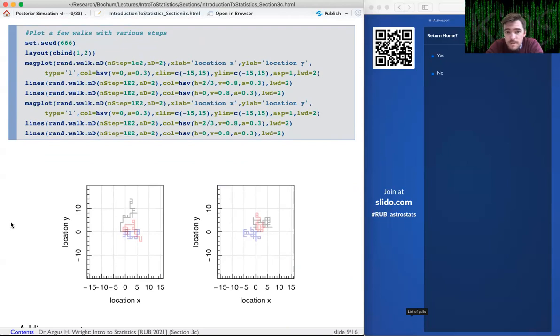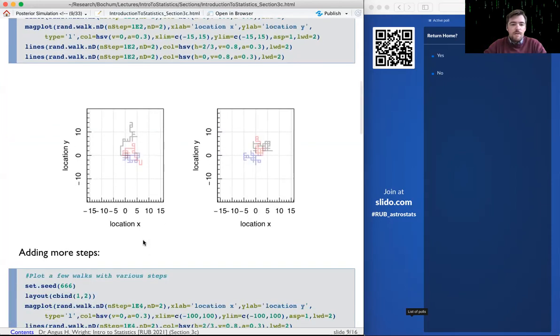It's actually 6 different random walks, so I've got 3 in each plot, where I've given them black, red, and blue, just to show you what happens in 6 random walks with 100 steps.